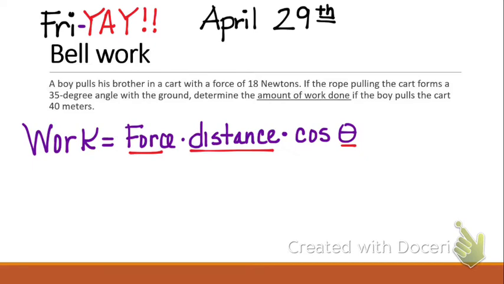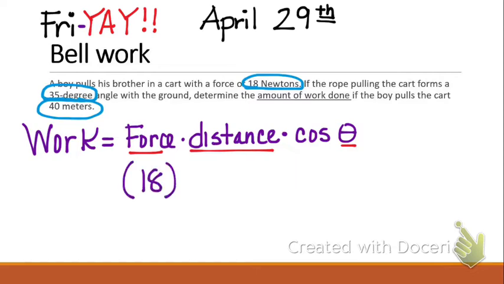Okay, so it says that the force is 18 newtons. The rope pulling the cart forms an angle of 35 degrees with the ground, and we need to determine the amount of work if the boy pulls the cart for 40 meters. So we have our force is 18 multiplied by the distance, which is 40, times the cosine of 35.